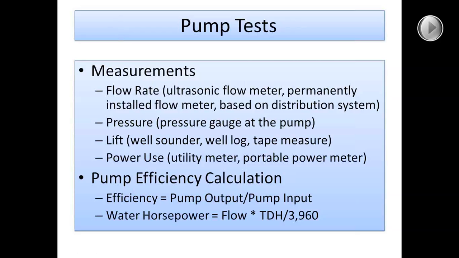And along those lines, water horsepower, how much work is the pump actually completing, is flow in gallons per minute times total dynamic head in feet divided by 3,960. That gives me water horsepower. That tells me how much work that pump is actually doing. Then I can compare that to my input horsepower, and I can calculate the pump efficiency that way.